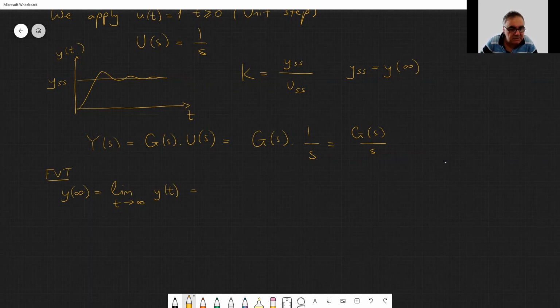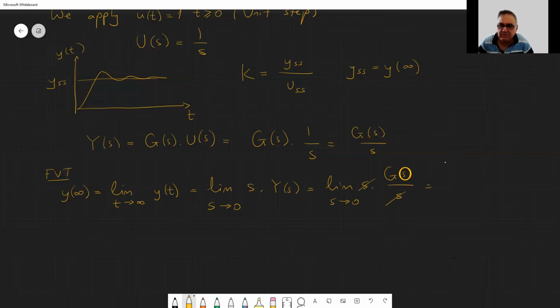Assuming that this limit exists, by the final value theorem it is equal to the limit as s goes to 0 of s times y of s, which is the limit as s goes to 0 of s times g of s over s. These s's cancel, so this is g of 0.